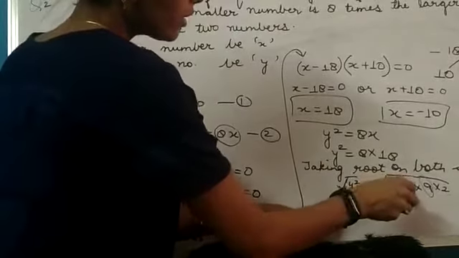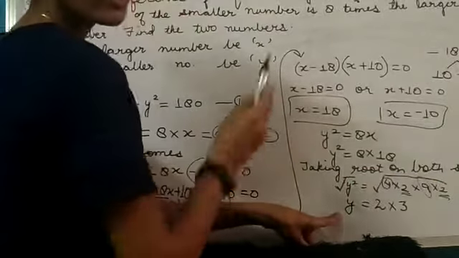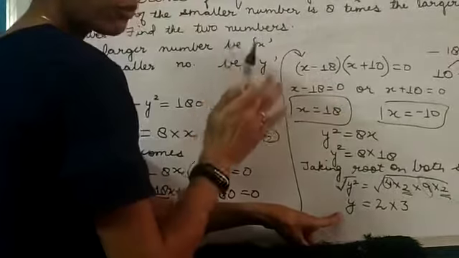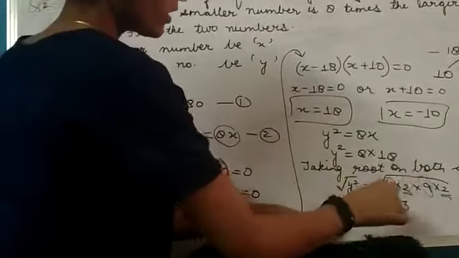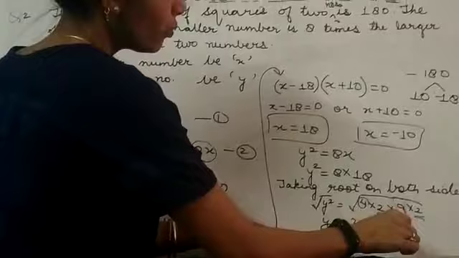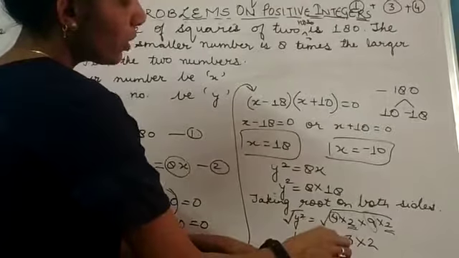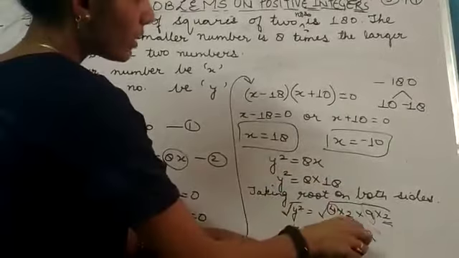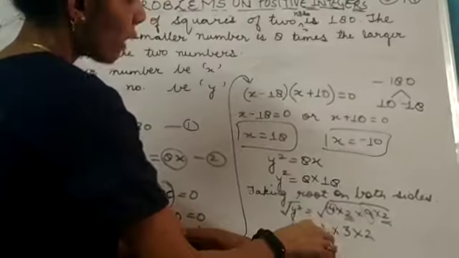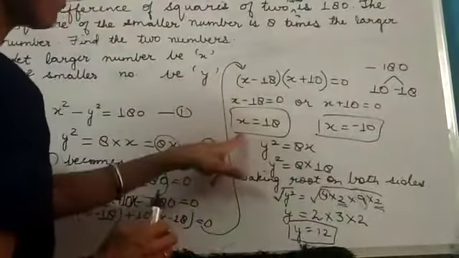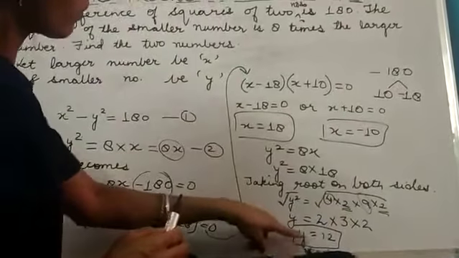And here 2 and 2 again make 4, which is a perfect square, so again I can take it out of the root and it will be written as 2. So y equals 2 into 3, 6, and 6 into 2 is 12. So I am getting the value of x as 18 and y equal to 12.